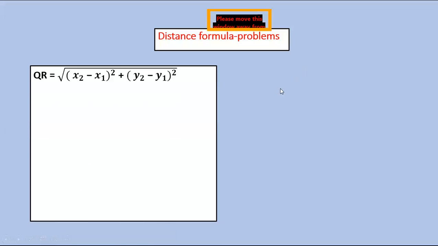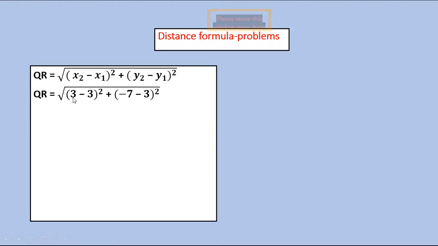By using the distance formula, QR is equal to square root of (x2 minus x1) squared plus (y2 minus y1) squared. Substituting the values: (3 minus 3) squared plus (3 minus (-7)) squared.